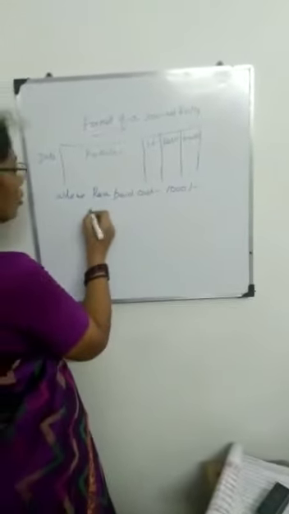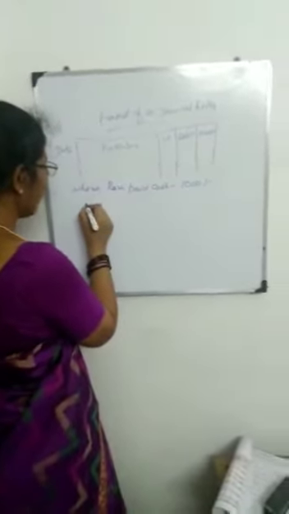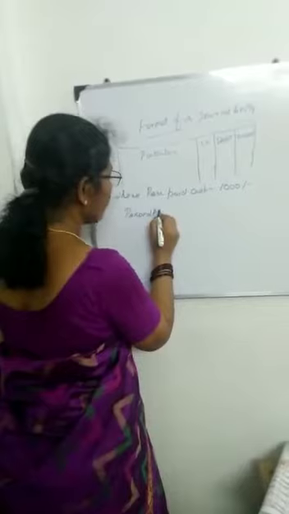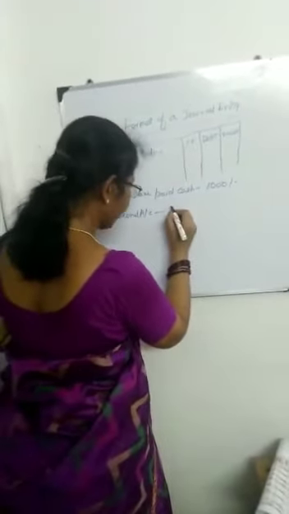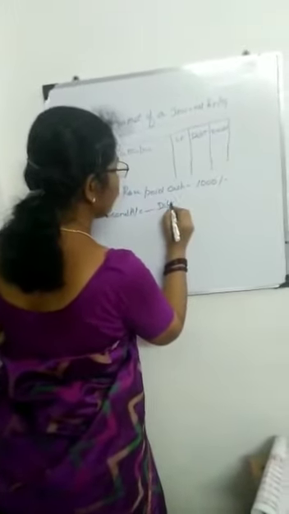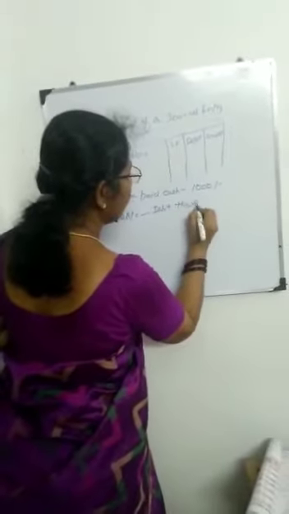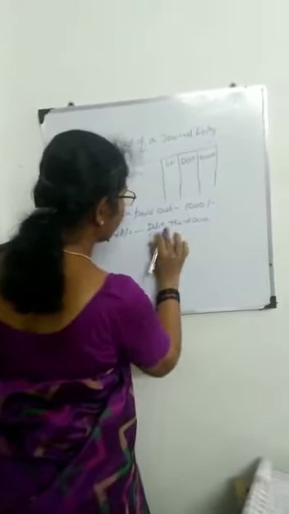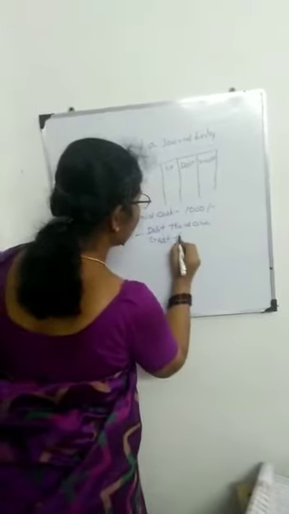Now before we go into this, we have seen personal account and real account. And what is the golden rule? There are three rules. For personal account, what is the rule? Debit the receiver, credit the giver.